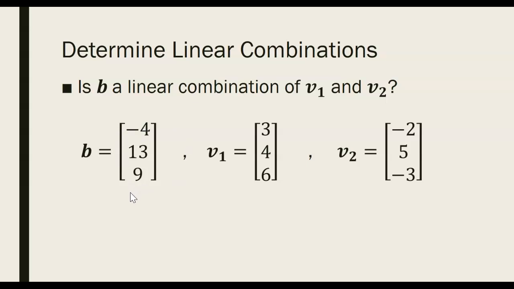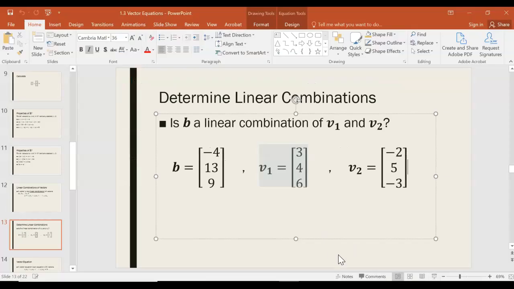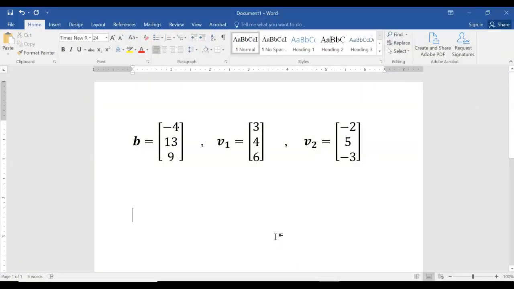But we need to find a systematic way of answering this question, and we're going to do that through this example here. Let me go back to the Word document here.